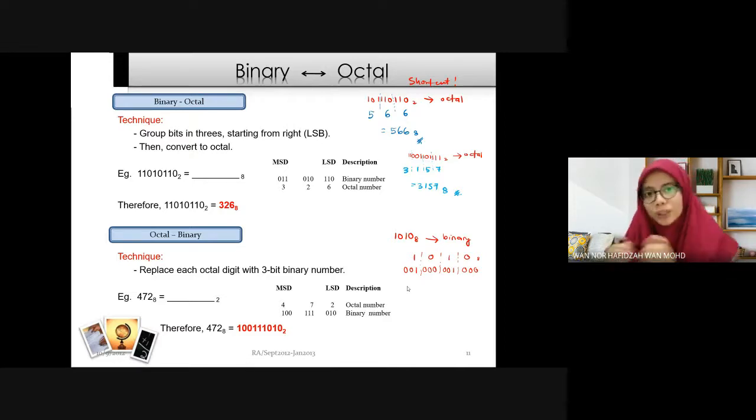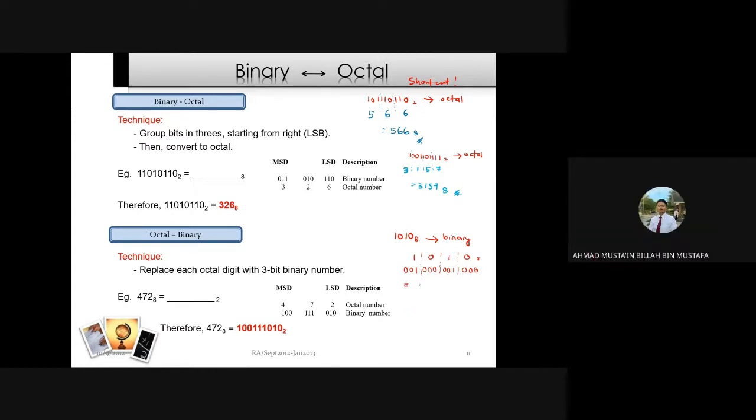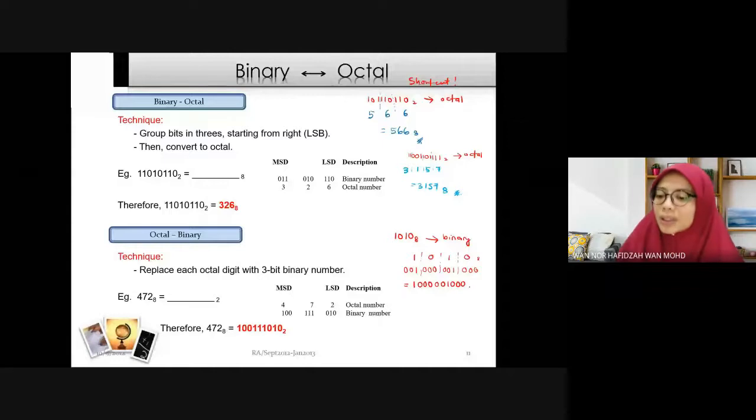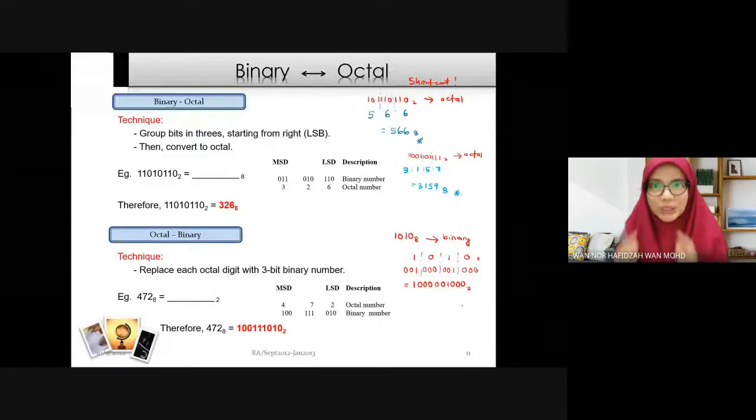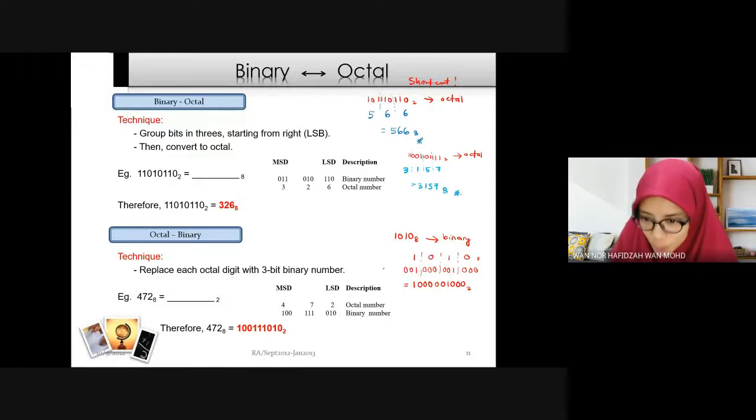But then when we want to write the final answer, it would be 1 0 0 0 0 1 0 0 0 1. You copy. Okay, that would be the difference. Okay, the first one yang you buat dekat sini is the working method.